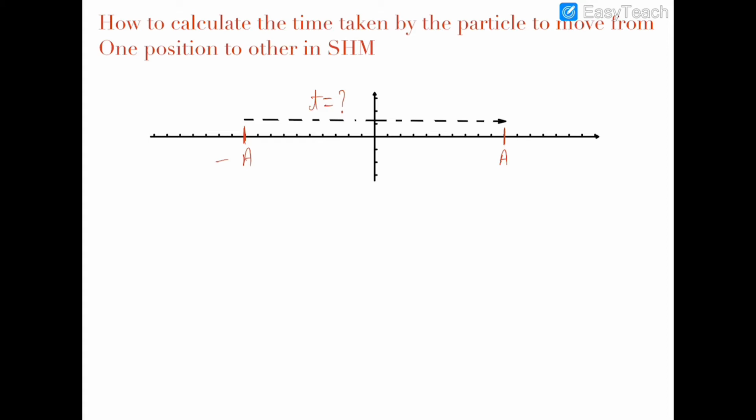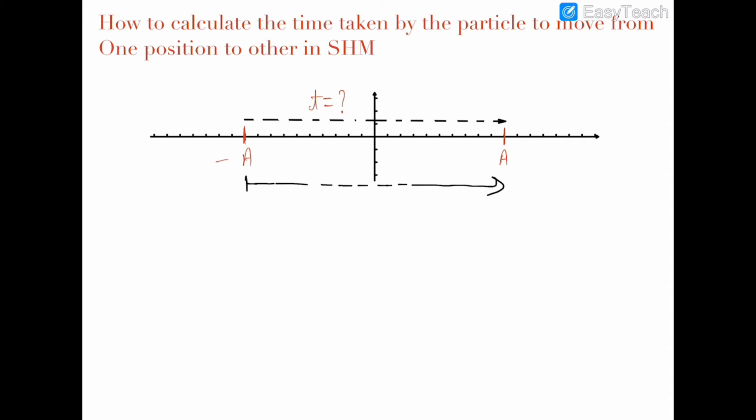So the best method is to find out the change of phase when the particle moves from one position to another position. We know that when the particle moves from mean position to the extreme position, then the change of phase is pi by 2, and when it returns back to the mean position, then again the change of phase is pi by 2.